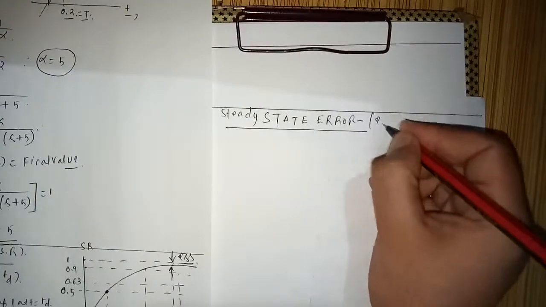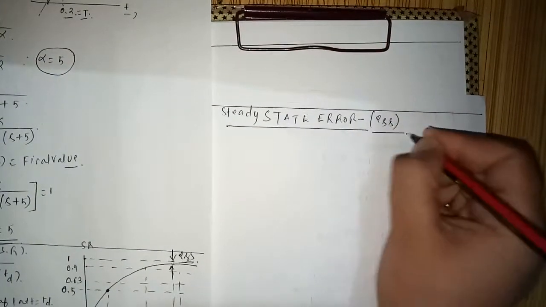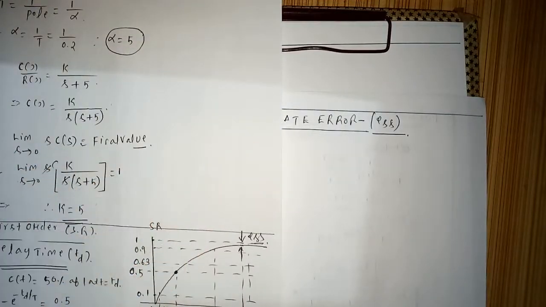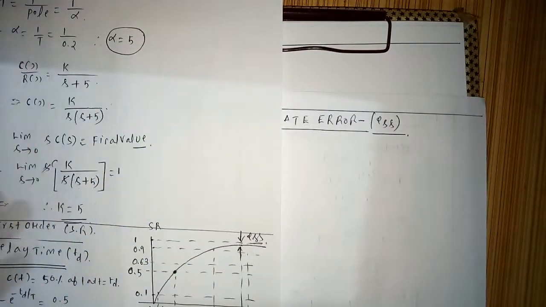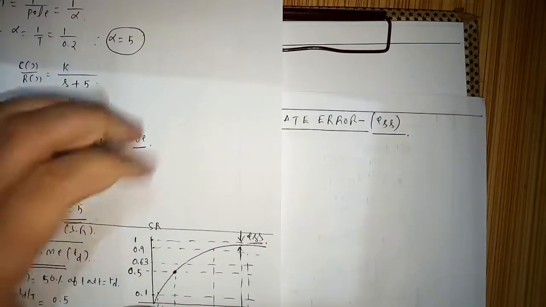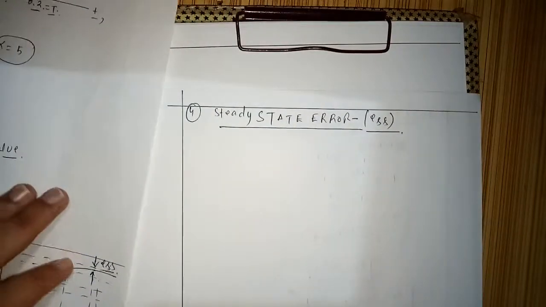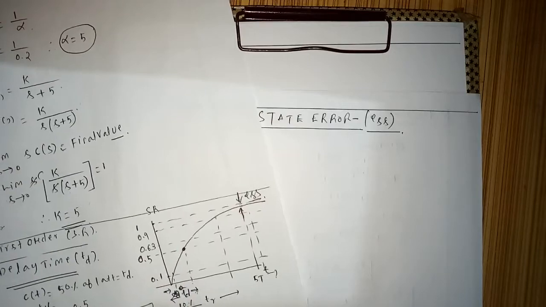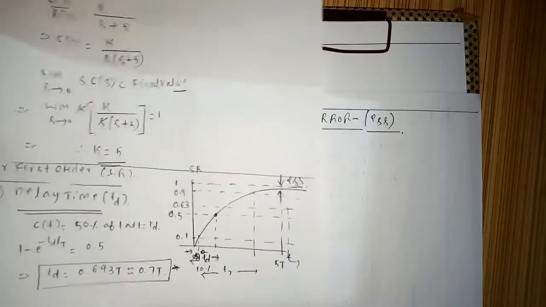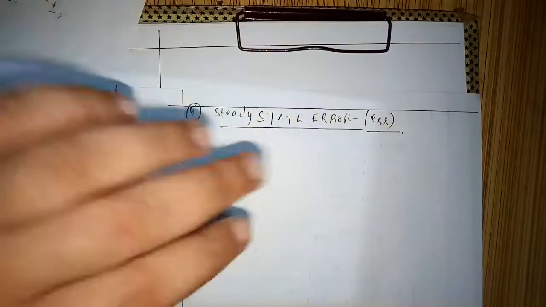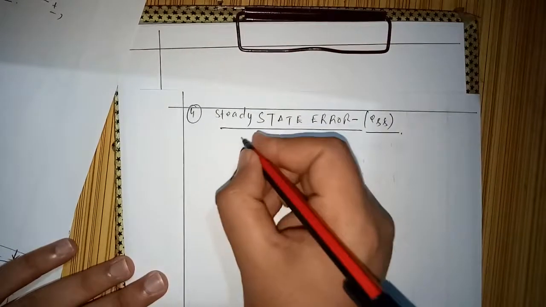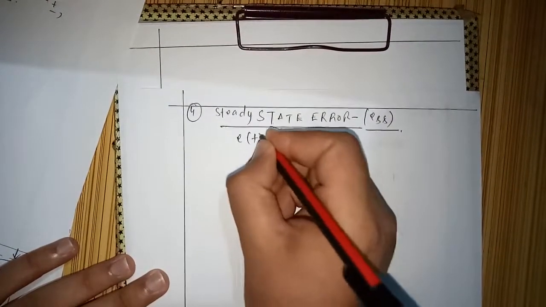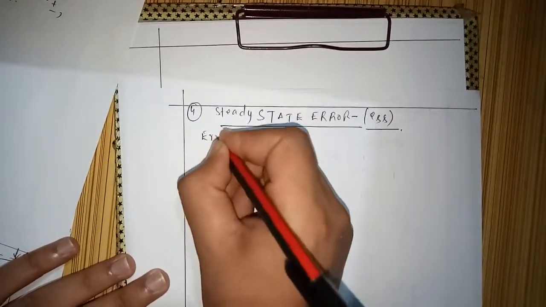Steady state error will be denoted by ESS. ESS is the difference between the desired output and the output obtained at that permissible value. 5T is a sufficient tolerance we take, so there will be some error. So how can I define error?